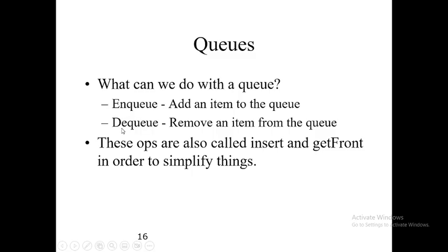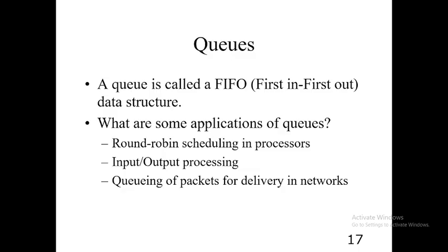If you want to remove some elements from the queue, you call it DQ. These operations are also called insert, or sometimes get, in order to simplify. So these are the queue operations, NQ and DQ. NQ is adding an item to the queue. DQ is removing an item from the queue.